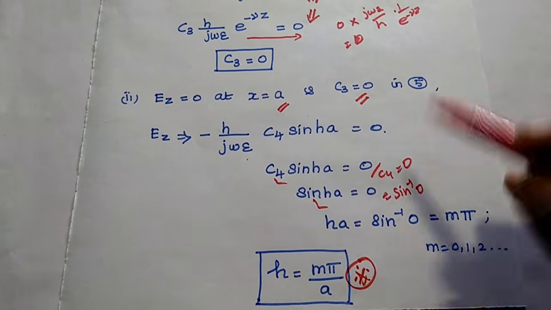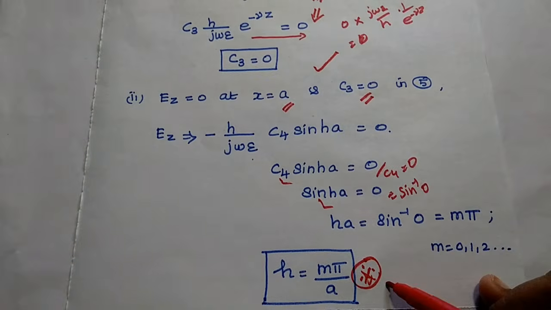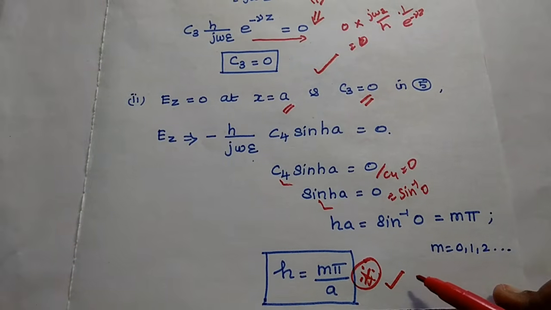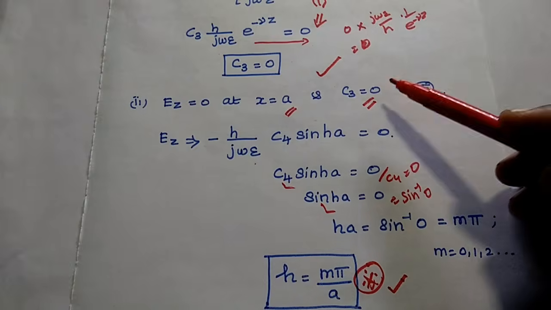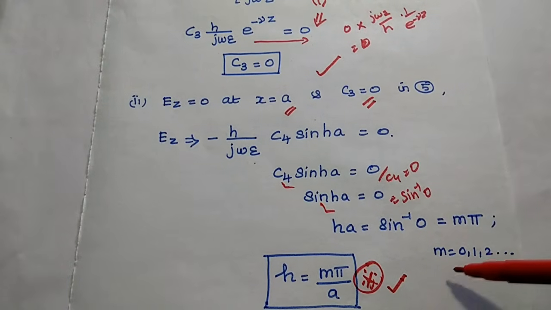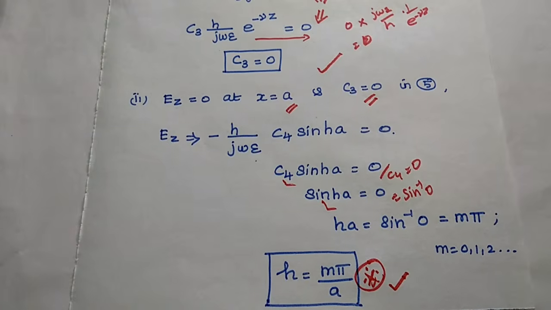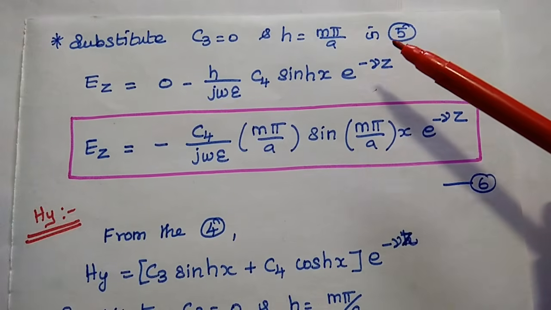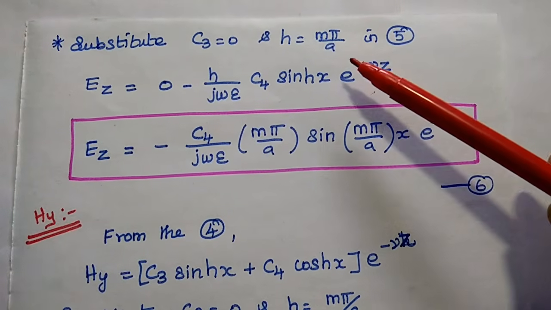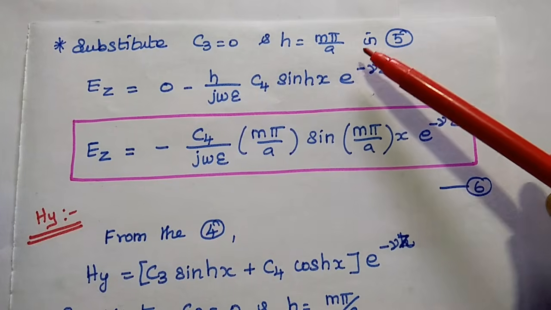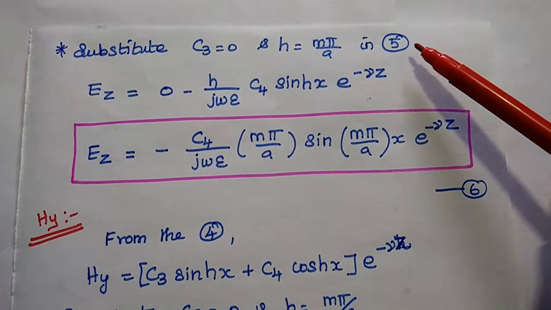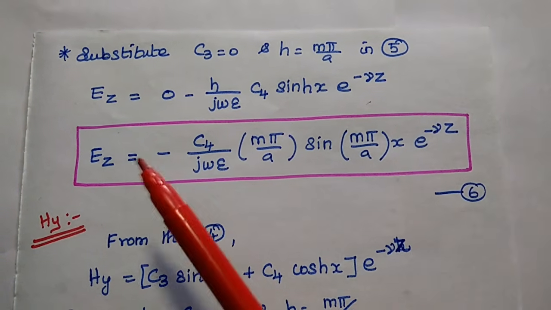So now we have obtained C3 is equal to 0, h is equal to m pi by a. So now we are going to substitute these two values in the fifth equation to get the Ez value. Do you all understand this one? Now we are going to substitute C3 is equal to 0, h is equal to m pi by a in this fifth equation to get the Ez value.